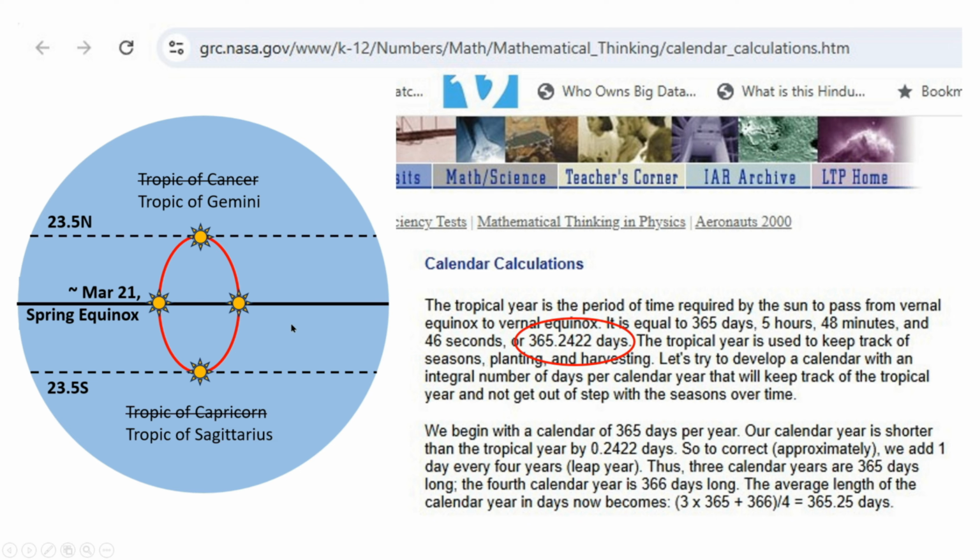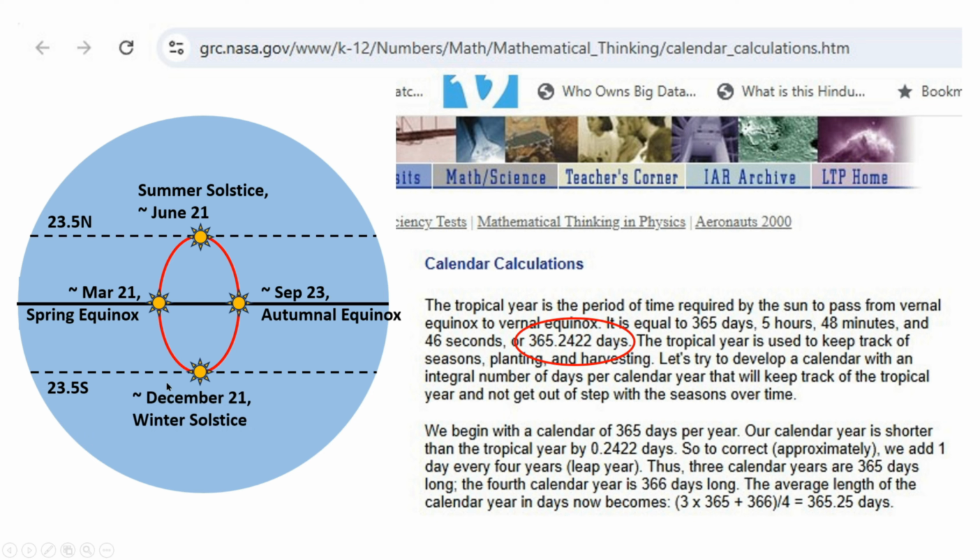Then the sun moves to the northernmost position by around June 21st. If you are at 23.5 north around June 21st and you look up, the sun will be directly overhead. Similarly, around September 23rd is the autumnal equinox, when the sun will again cross the equator. By December 21st, the sun will be at the southernmost limit, 23.5 south.